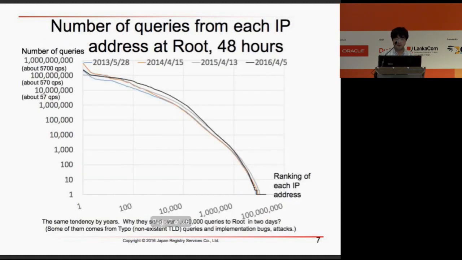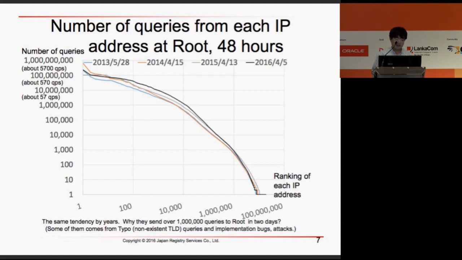Next graph shows the number of queries from each IP address at root over 48 hours. The horizontal axis shows the ranking of each IP address, and the vertical axis shows the number of queries from each IP address.